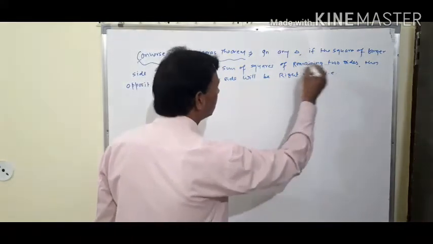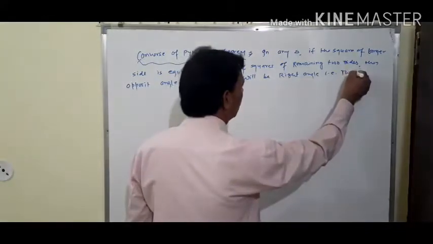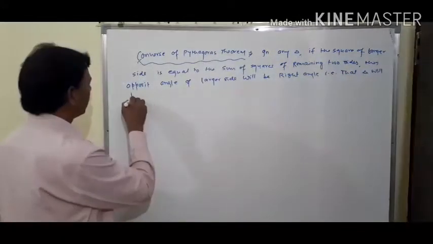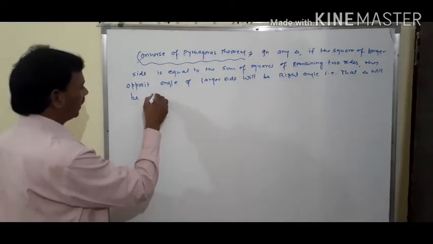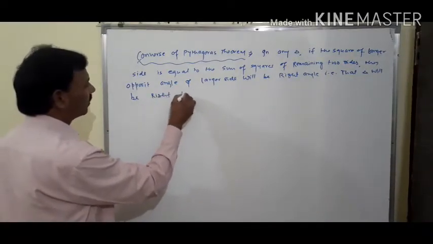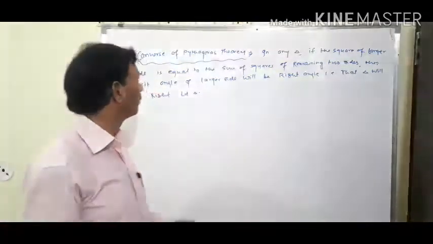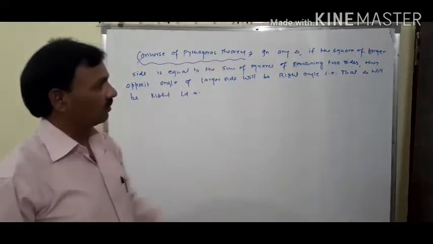That is, that triangle will be a right angle triangle. This is the concept of the converse of Pythagoras theorem.